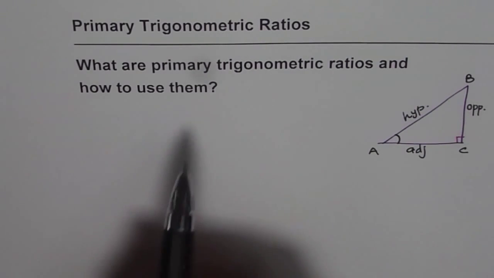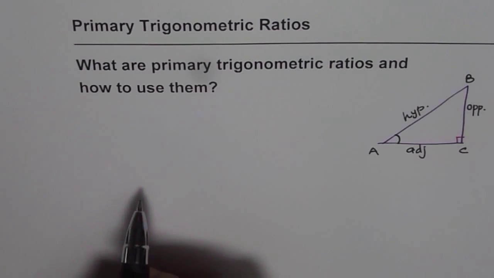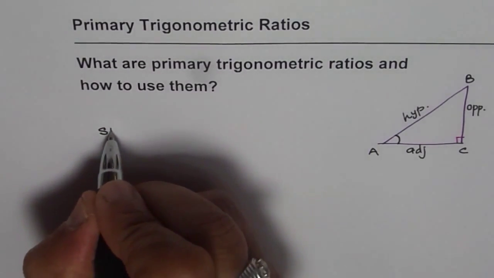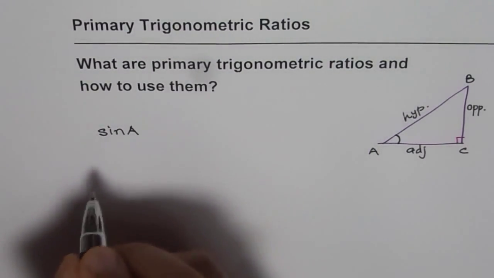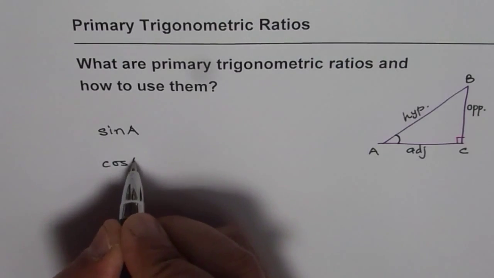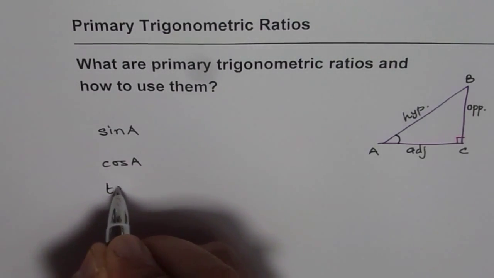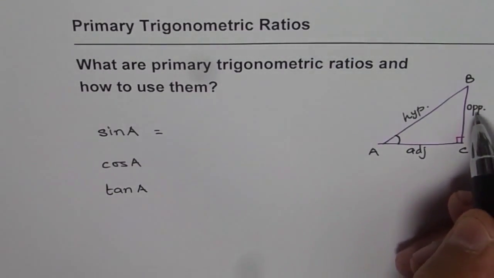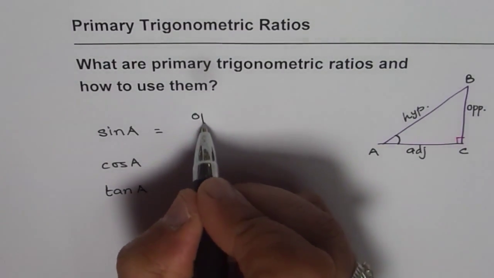Now there are three primary trigonometric ratios. We'll define them in terms of angle A. So we say sine of A, cosine of A, and tan of A. Sine is opposite over hypotenuse.